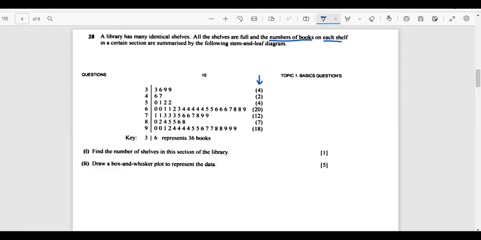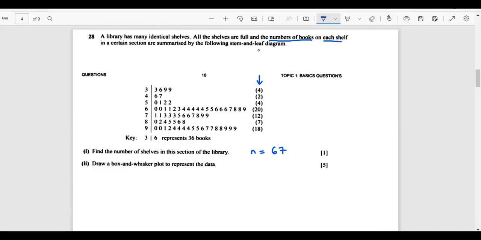Yes, please add them up and tell me the value for the total number of shelves. 4 plus 4, 8, 10, 20, 30, 42, 49, plus 17. 7. Very good. Both of you. It is 67.